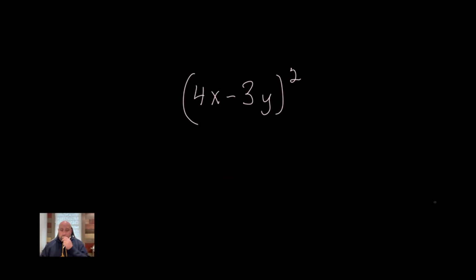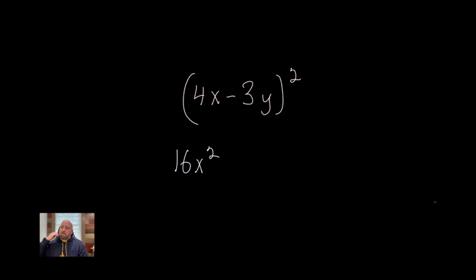Let's do one more. These are getting a little bit more complicated, every one, but just follow the steps and you should be fine. All right, so here we go. We are going to take this one here and we're going to square it. So we're going to get 16x squared. Now the middle one, again, a little tricky. Don't forget, you see that little negative sign right there.